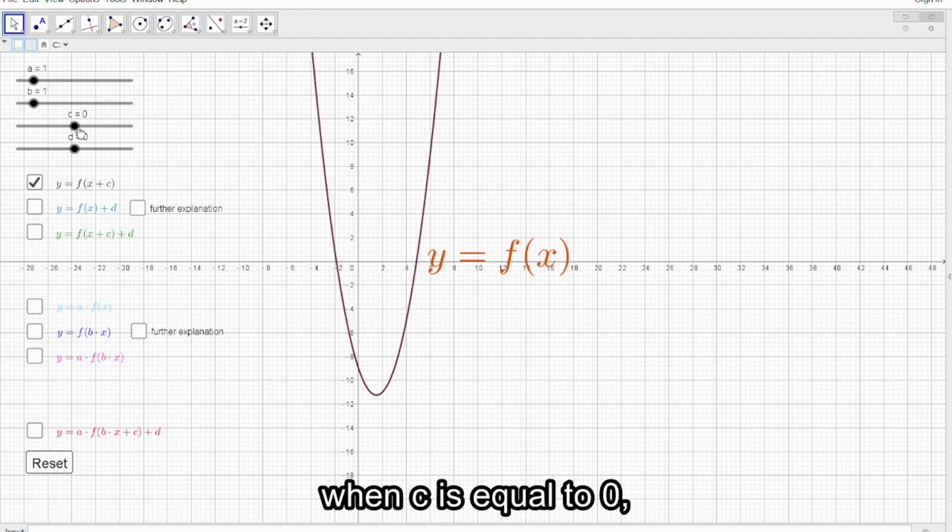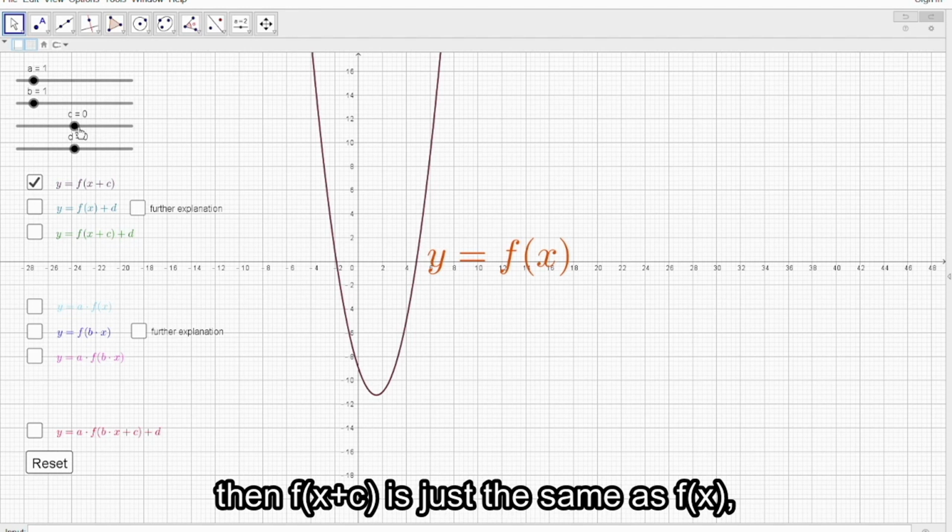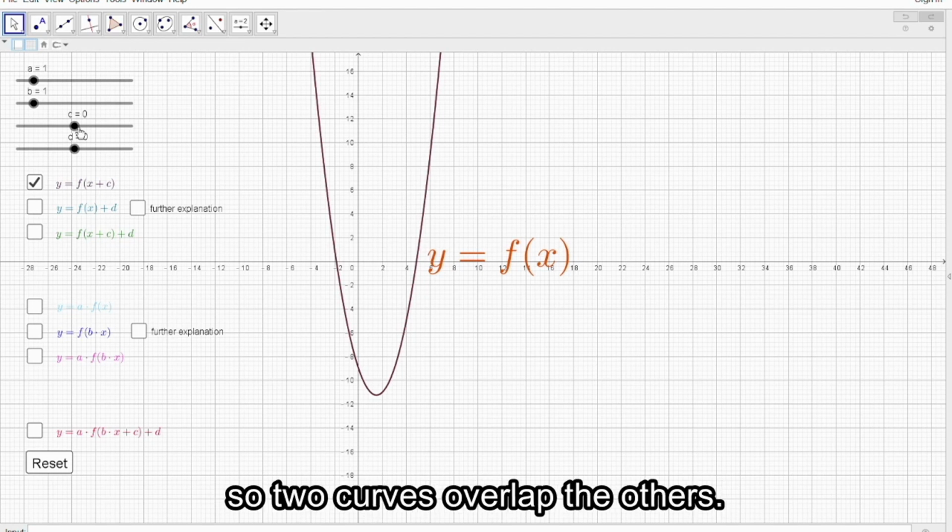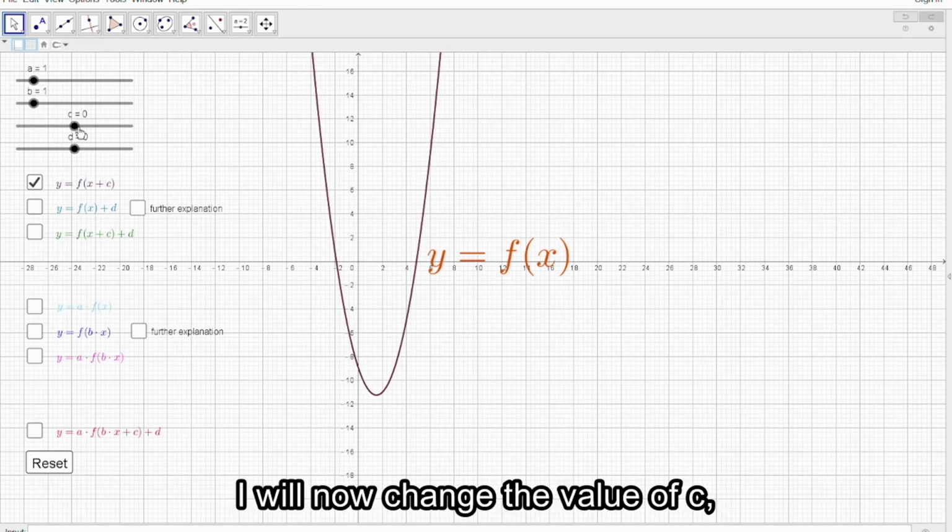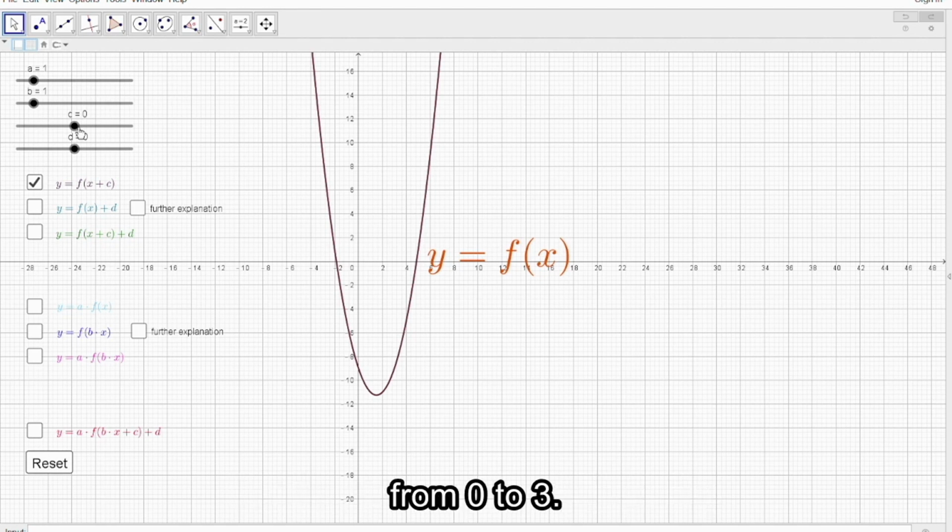When c equals 0, then f of x plus c is just the same as f of x. So, 2 curves overlap each other. I will now change the value of c from 0 to 3.